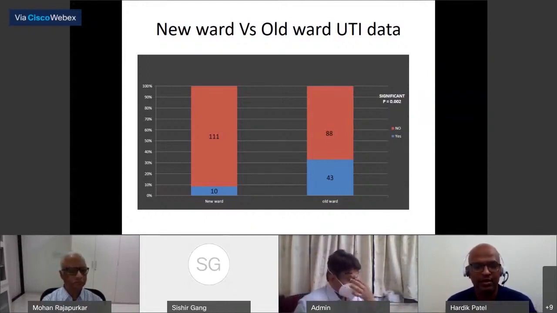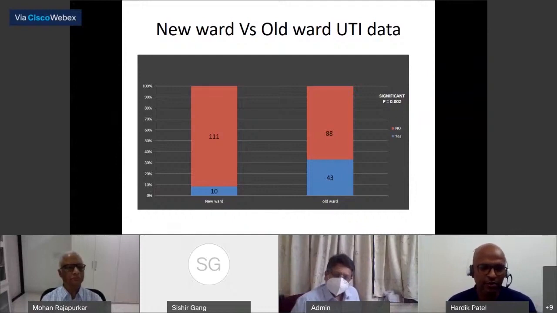So you can see, after this shifting and the new ward being in action, out of 121 patients, only 10 developed urinary infection, and of these 10, only two had a symptomatic UTI. Eight had mild symptoms, which were treated with commonly used drugs for a short duration of time.